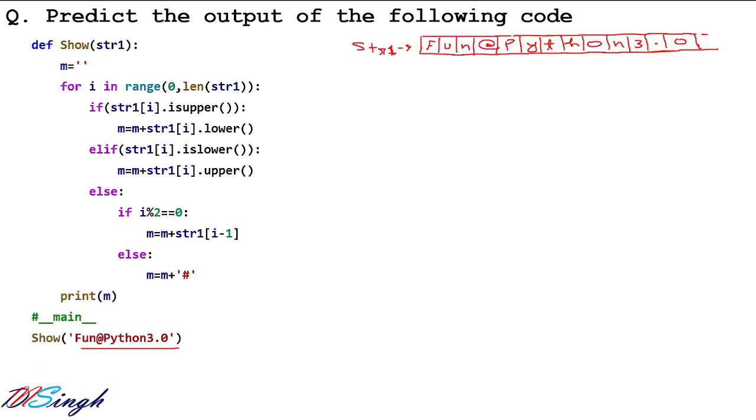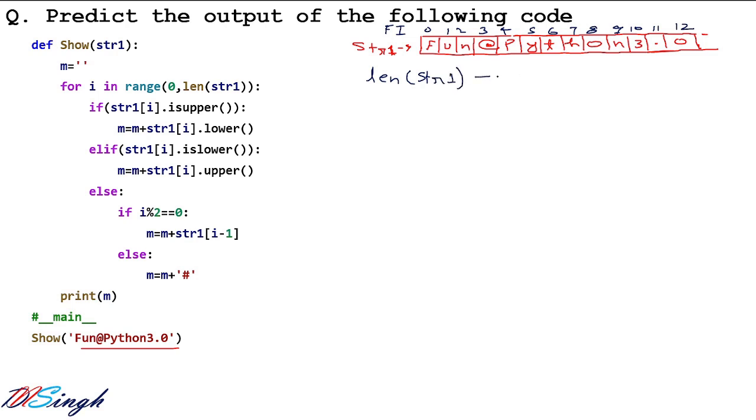Let us put the indexing over that string. So forward indexes will start from 0, 1, 2, 3, 4, 5, 6, 7, 8, 9, 10, 11, and 12. And when we compute len of str1 for our range function, what is the length of any sequence?